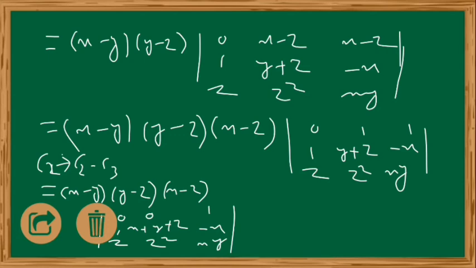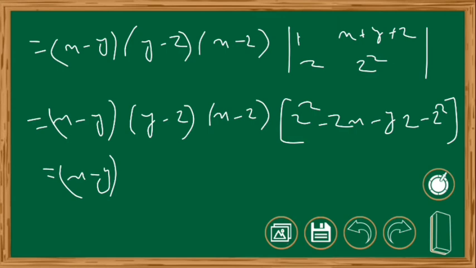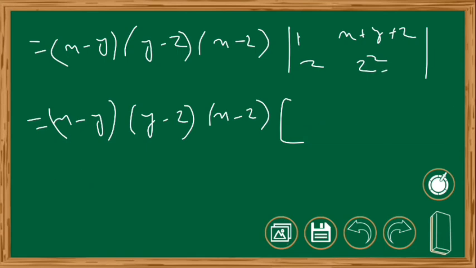I repeat, here it will be z square minus xy. Here it was wrong. So what I will have is z square minus xy in this. Now let me multiply. If I multiply it, it will be z square minus xy minus zx minus yz and minus z square.